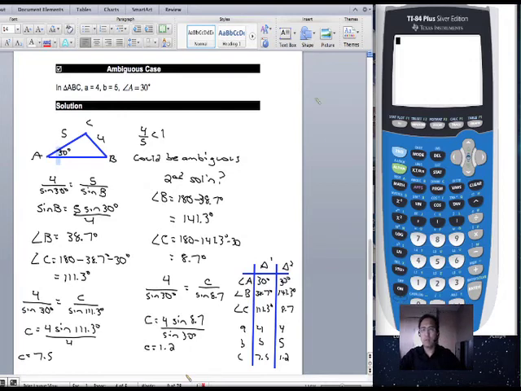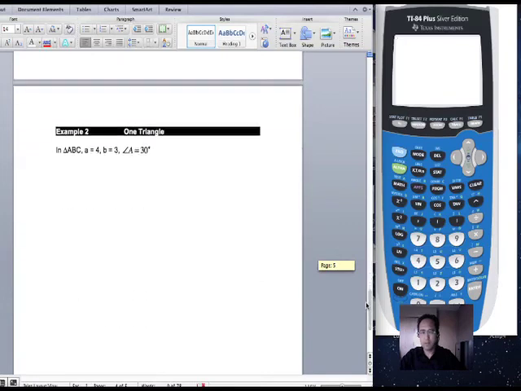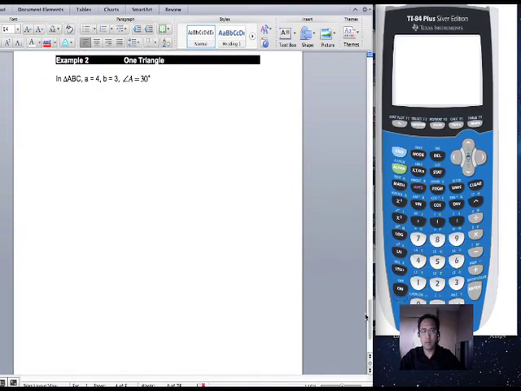Okay, let's move on to our last one, and this is the case where you know right away it's not ambiguous because of the way that it's going to be drawn. So we put this in, and we see that we have our triangle set out here.